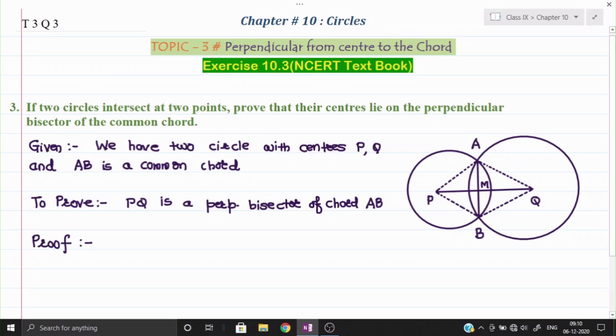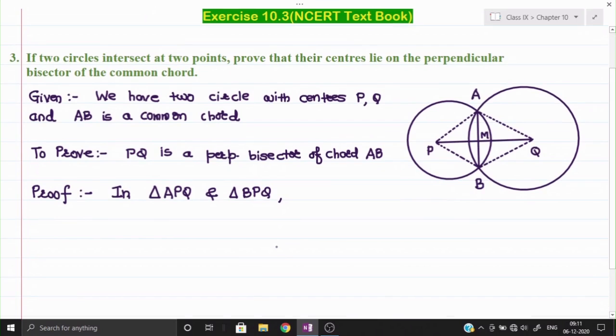So in the proof, first of all, see, we shall take two triangles. One triangle is APQ and the second triangle is BPQ. So here I am taking two triangles, triangle APQ and triangle BPQ. Okay. Now in these two triangles you observe, first I am writing here PA is equal to PB.